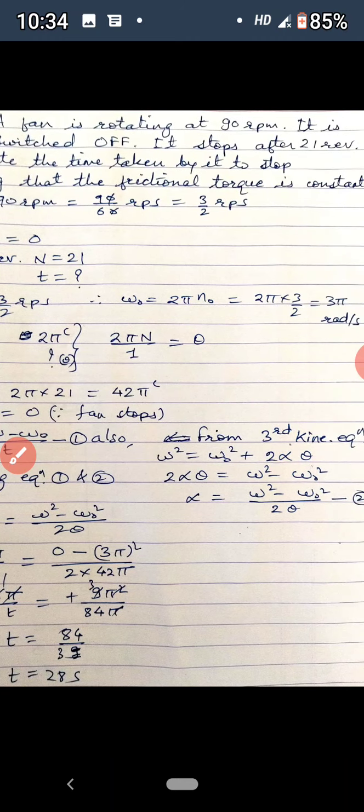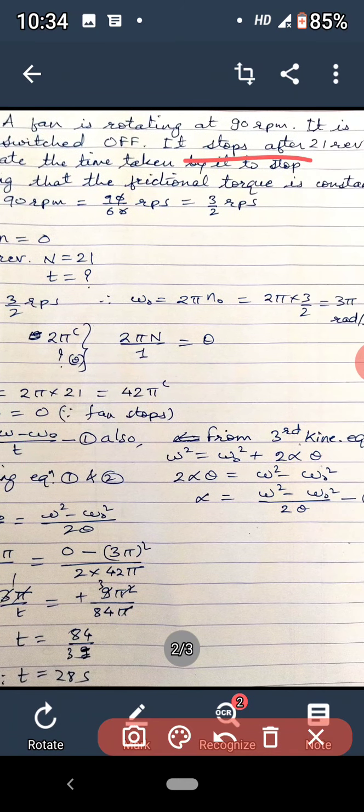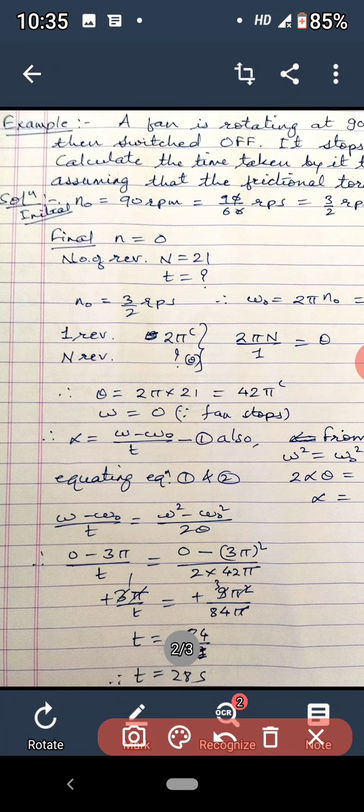Then it stops after 21 revolutions. So 21 revolutions are done, and after that the fan stops. So the number of revolutions is given, that is 21, and finally the fan stops.